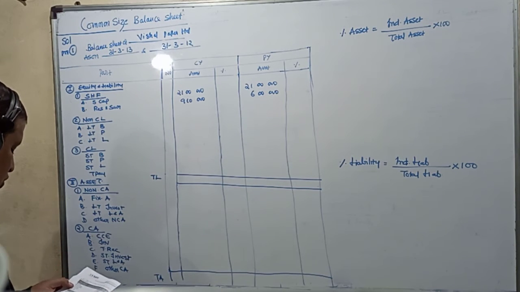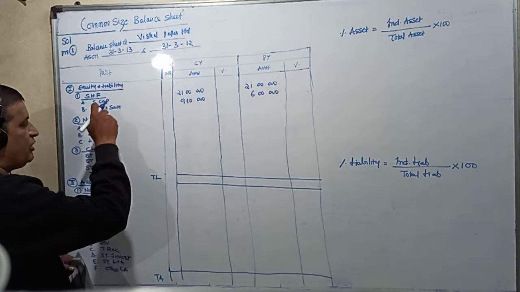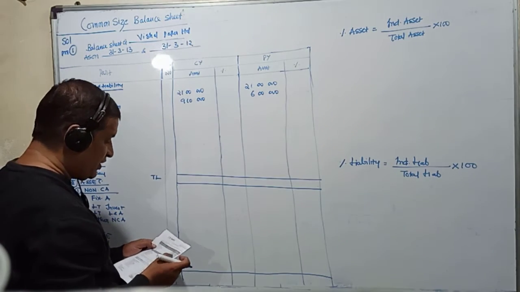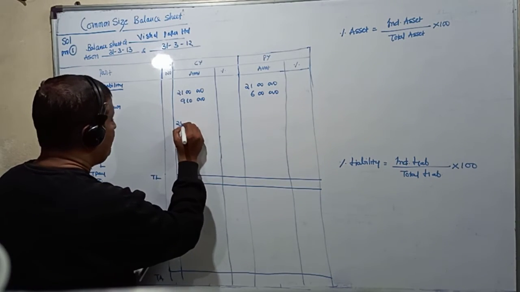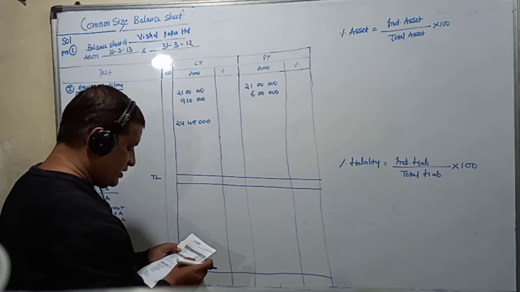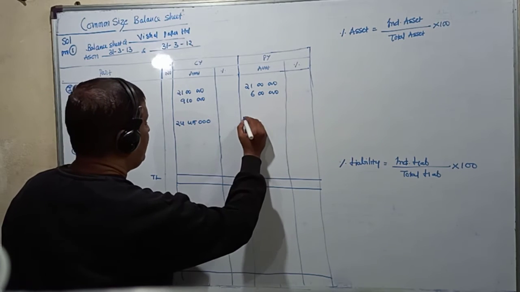Now come to non-current liabilities. We'll assume that they are long-term borrowings. The long-term borrowings for the current year is 24,45,000, and here it is 20,40,000.